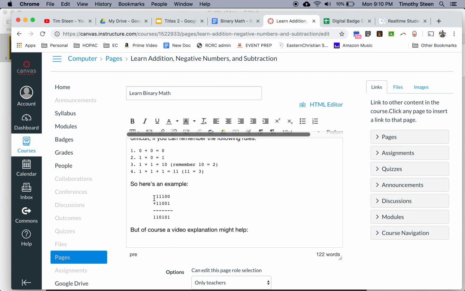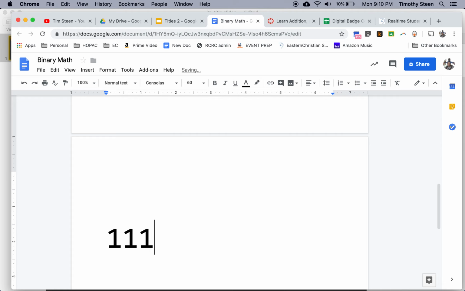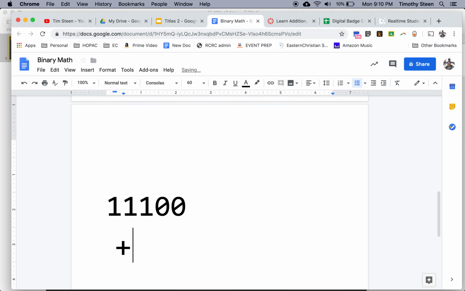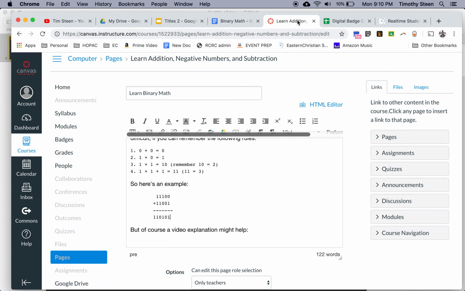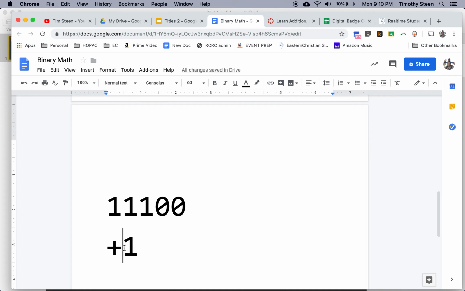So I gave this example, 11100 plus 11001. Let's just move these each over 1 so we can add the plus sign here.